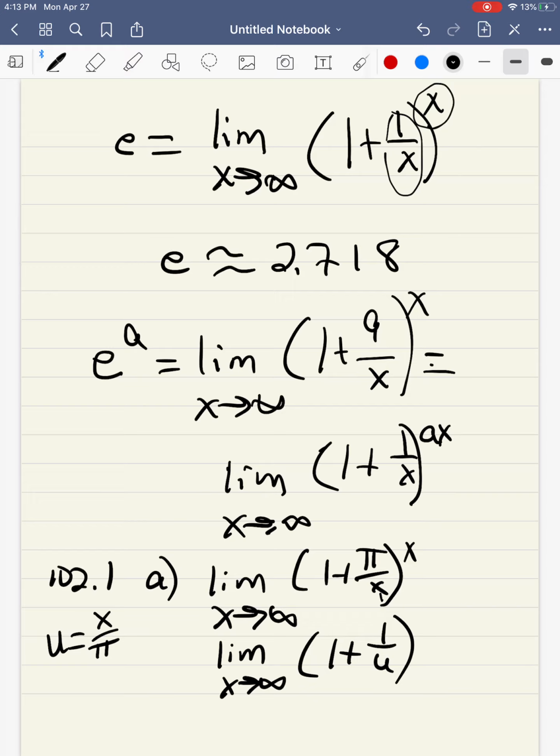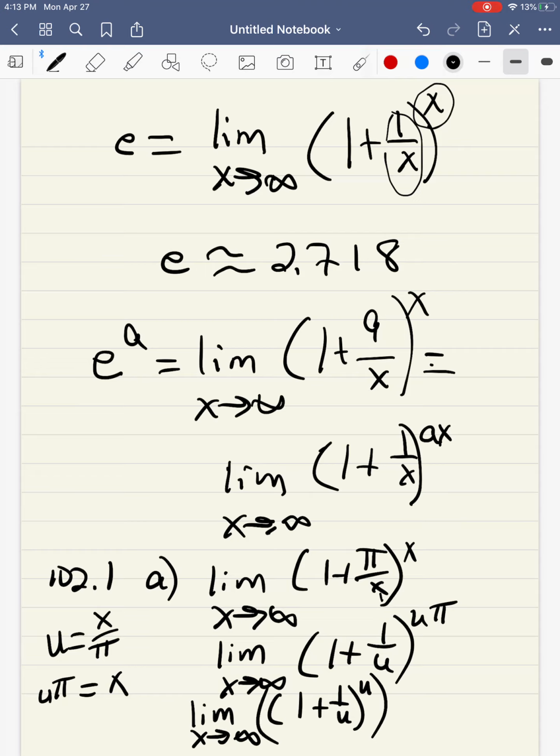And then if we solve this for x, x would be equal to u pi. So this x would become u pi. And then if we go one step further, the limit as x approaches infinity of 1 plus 1 over u, and we bring this u back here and then have this raised to the pi power, then this whole thing is going to be e raised to the pi power.